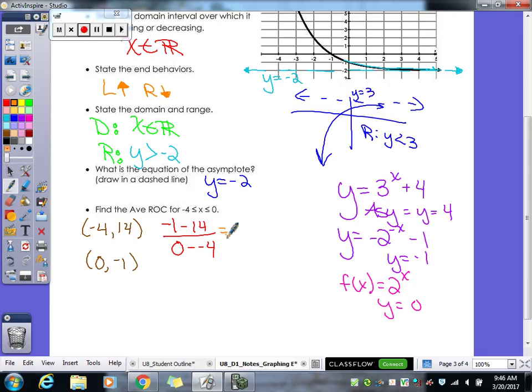So -1 minus 14 gives me a -15 over a 4. -3.75. So as I told you, since this graph was decreasing, our average rate of change is negative. Or you could write it as -3 3/4, yes.